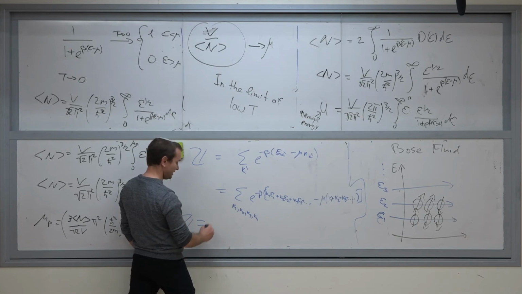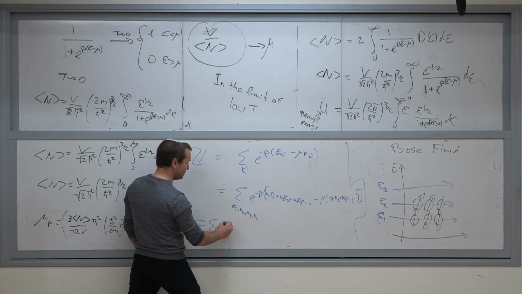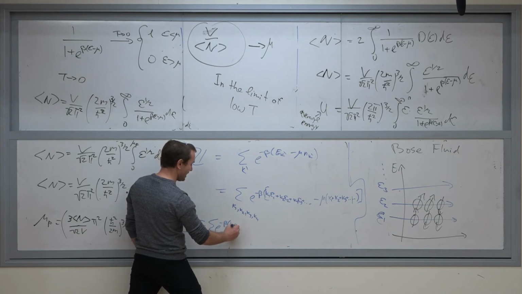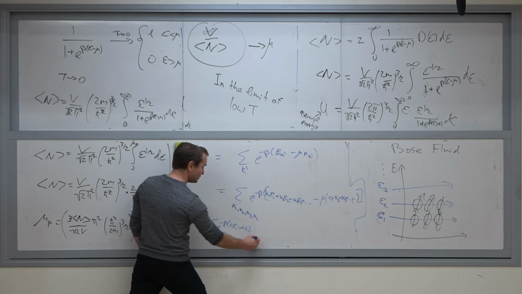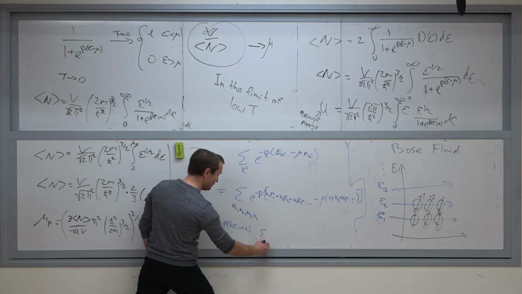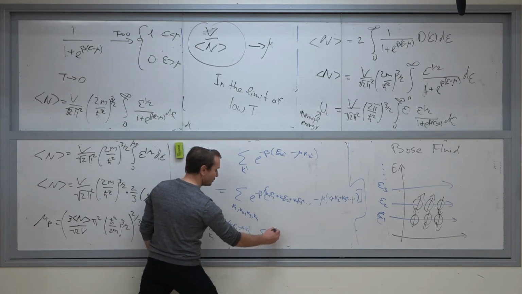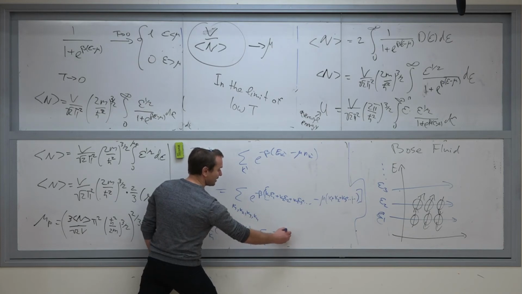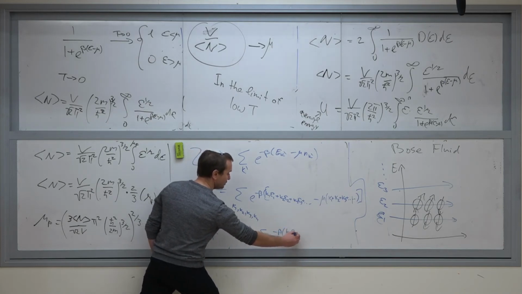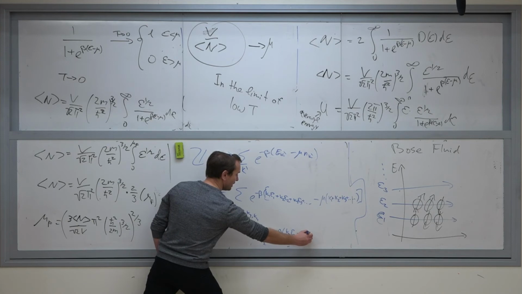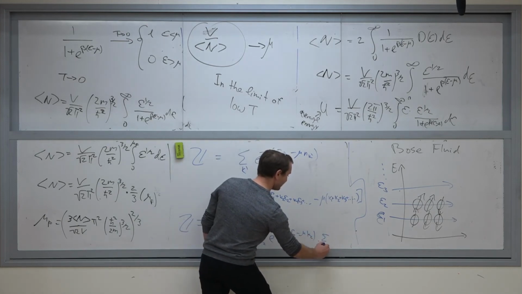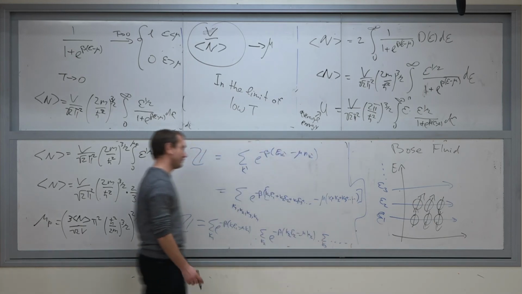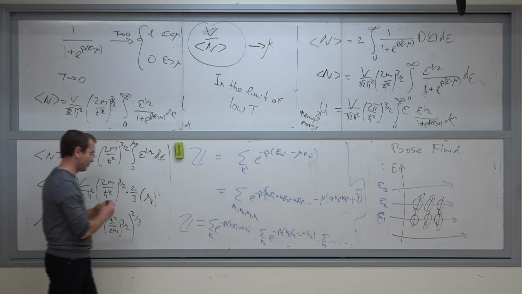So Z is a sum over K1 of e to the power minus beta K1 epsilon 1 minus mu K1, multiplied by the sum over K2 of exponent minus beta K2 epsilon 2 minus mu K2, multiplied by the sum over K3, and so on.